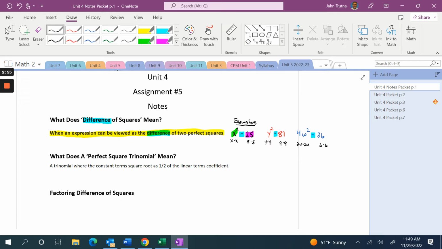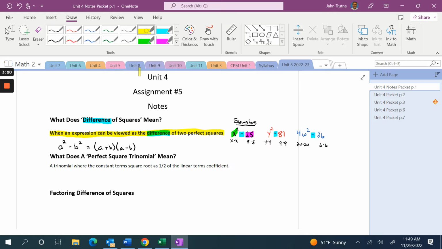Okay, now that's very important because if something is the difference of squares, this is the general definition: it's always going to factor into quantity a plus b multiplied with quantity a minus b. So what does that tell me?